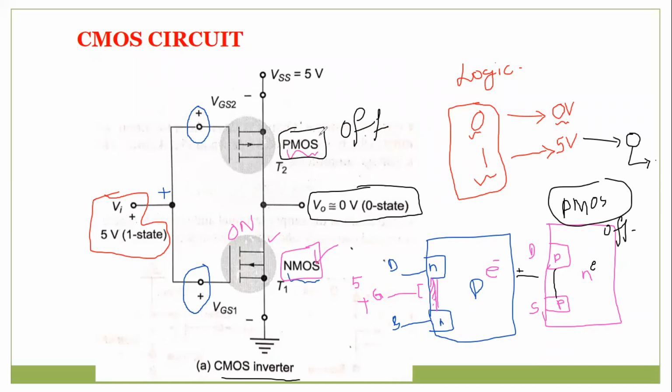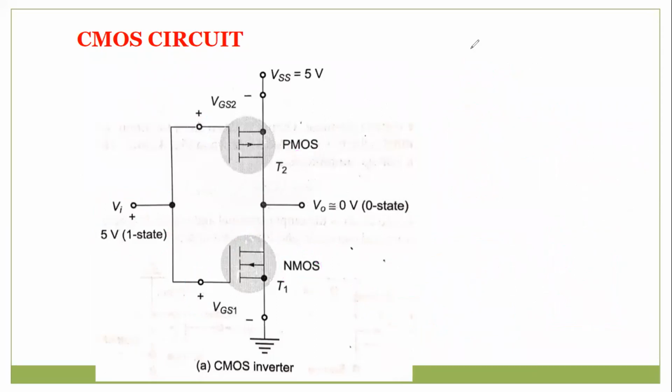When PMOS is in off condition and NMOS is in on condition, then what happens? Here this is on condition, whereas this is in off condition. So we have an external power supply, a VSS power supply.